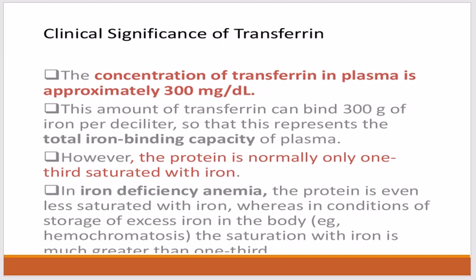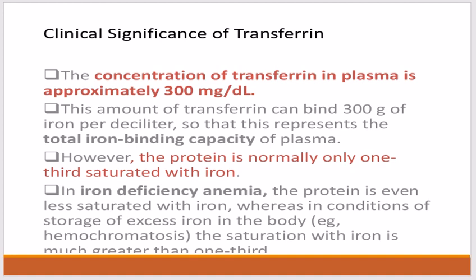The clinical significance of transferrin includes the concentration of the transferrin in the plasma, which is approximately 300 milligram per deciliter. This amount of transferrin can bind 300 micrograms of iron per deciliter, so that it represents the total iron binding capacity of the plasma.